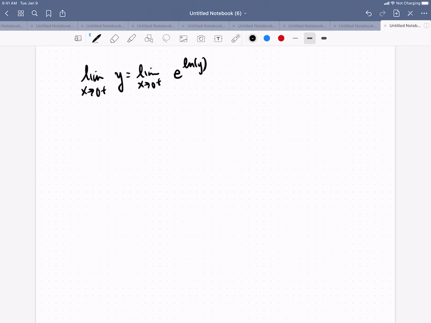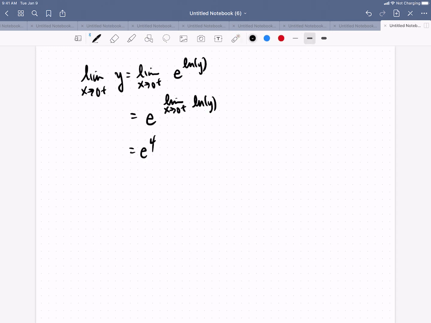Again, just using an identity we have for the natural exponential and the natural logarithm. And then we use the continuity of the exponential to move this limit inside. And this is the limit we just calculated. We calculated that to be 4.